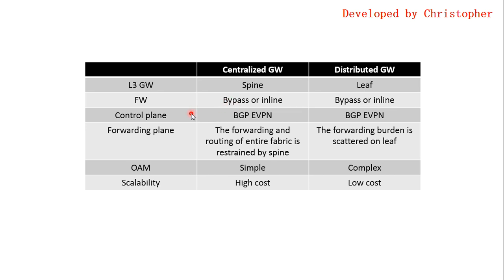And then for the control plane, for the VXLAN-based data center, it must be BGP EVPN. For example, the Cisco ACI solution also uses BGP EVPN. And some other people said we may use segment routing.